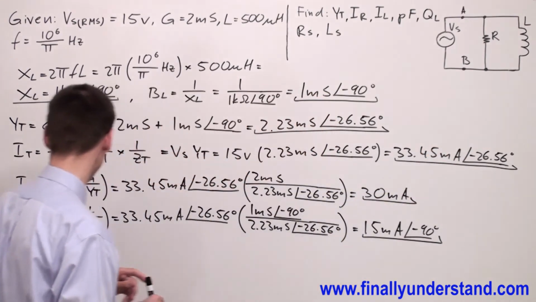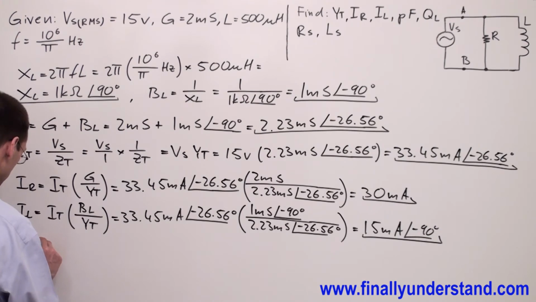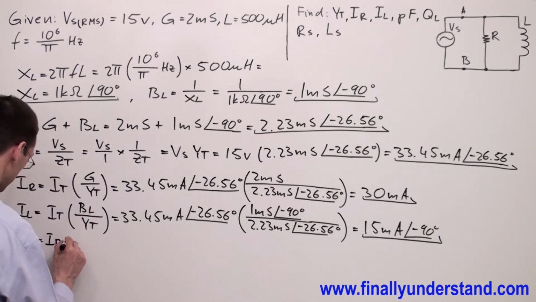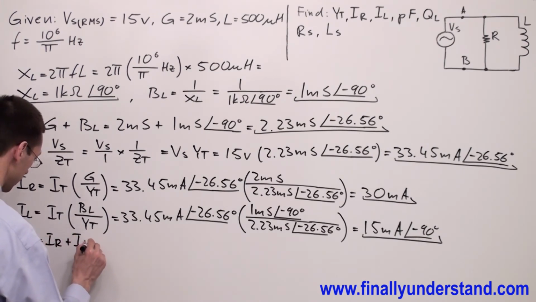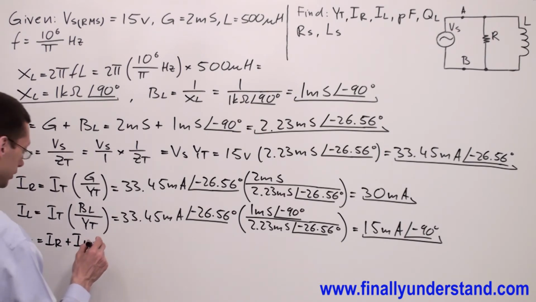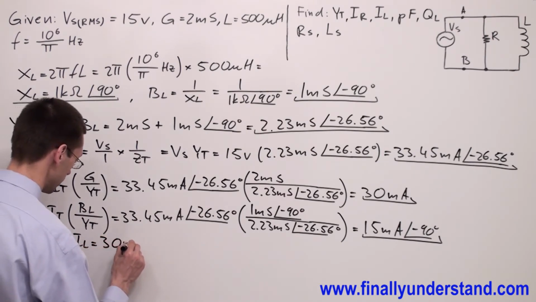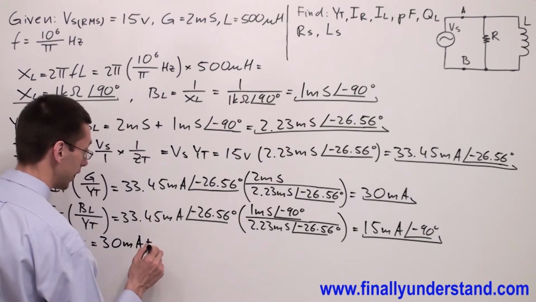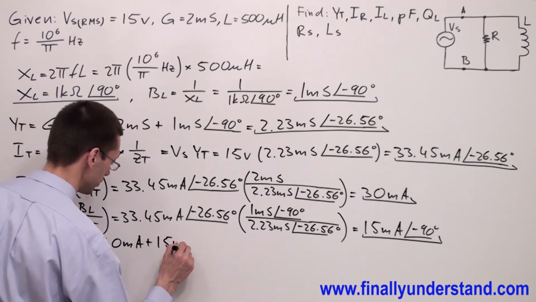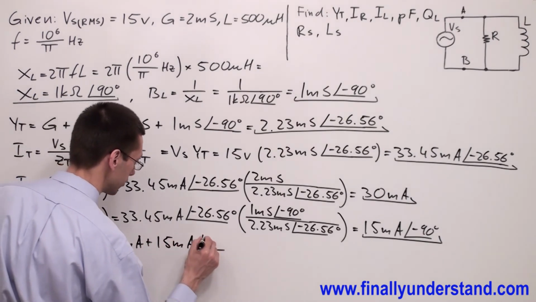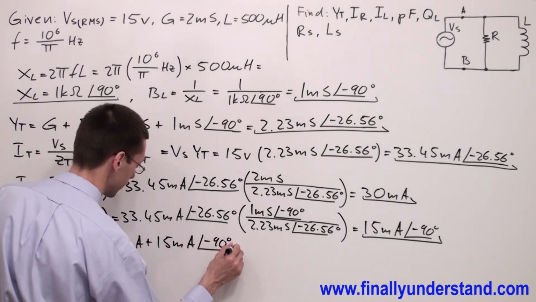So let's check. I total is equal to IR plus IL, where IR is 30 milliamps plus IL 15 milliamps at an angle of negative 90 degrees.